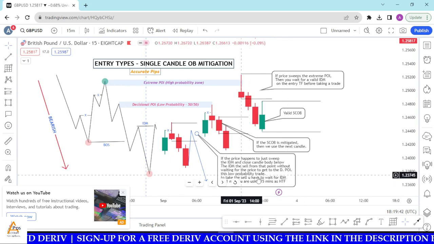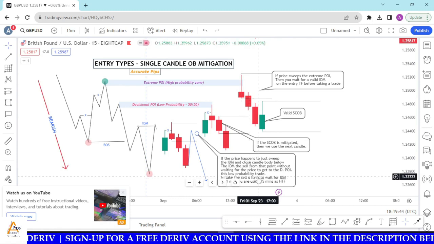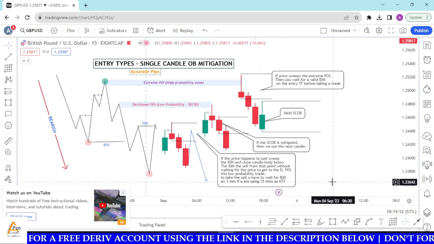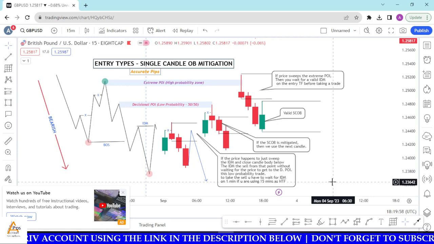This is a low probability trade also. To take the sell, you have to wait for IDM on 1 minute if you are using 15 minutes as your higher time frame. So take note of this.